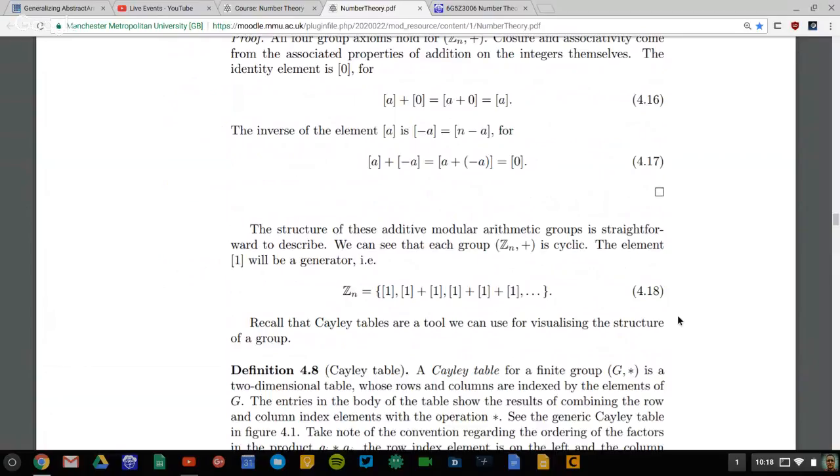So everything can be generated by using the operation on this one congruence class. That's what's known as a cyclic group, and they are particularly easy to understand, so to speak.